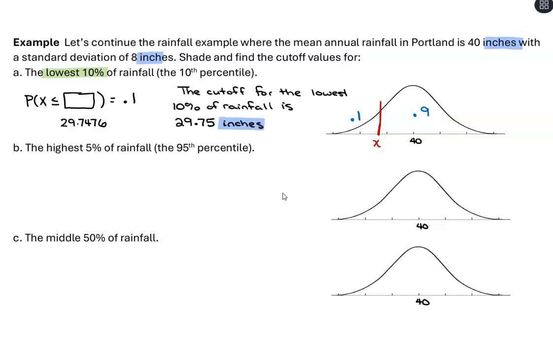So make sure that the answer you're getting out here is not a percentage like those previous cases. We're using the percentage to form an area under the curve. The answer we're getting out matches what the numbers along the number line represent.